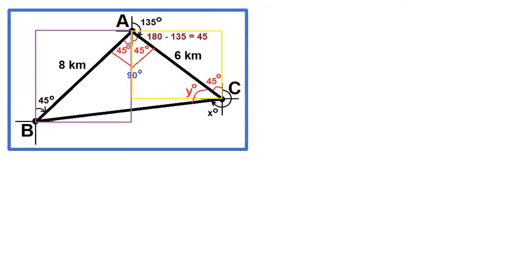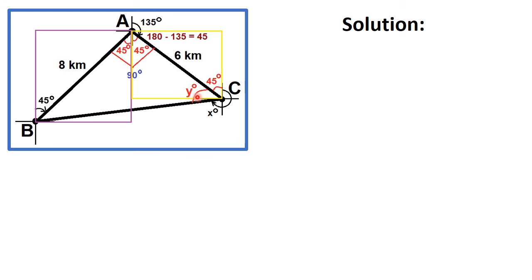Now we need to find angle Y degrees, this one. Observe that angle Y degrees is an interior angle of the right triangle. Observe further that we were given the two legs of the right triangle in the problem. So we can proceed to solving for angle Y.